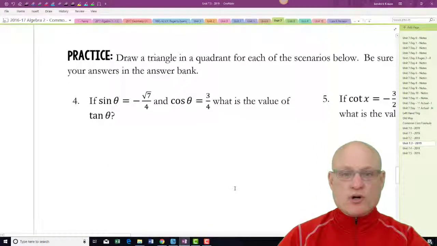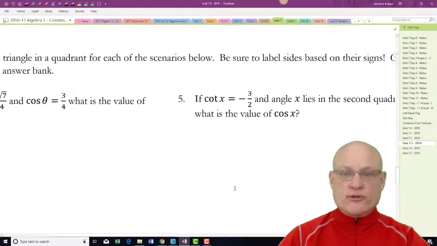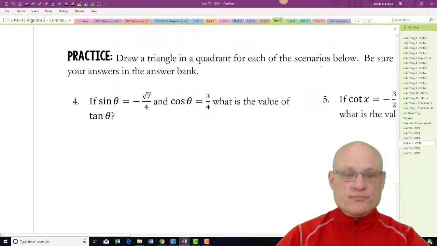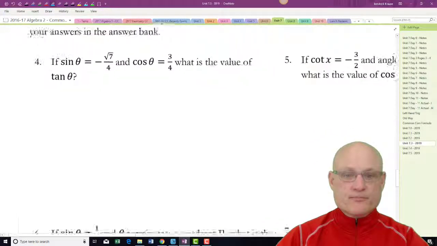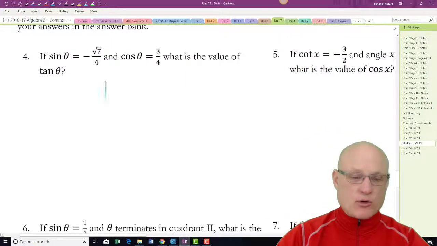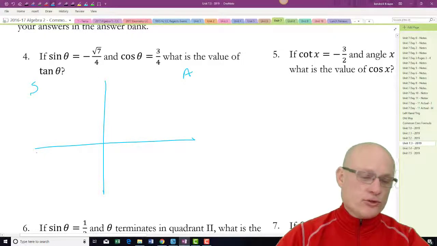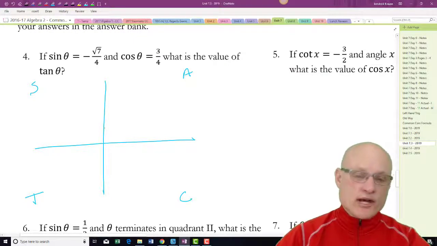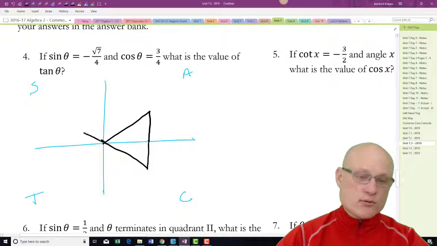All right, so we're going to draw a triangle in the quadrant for each scenario. Be sure to label it side with the right signs and check your answers. First things first, we have to figure out what quadrant we're in. So all students take calculus. We're going to have either this triangle or this triangle or this triangle or this triangle.